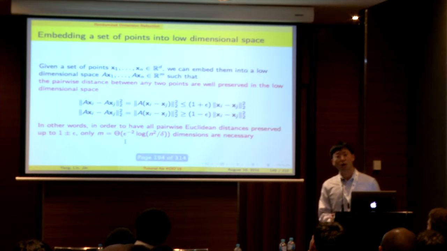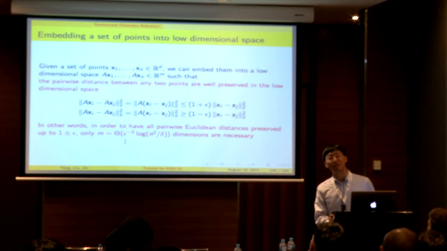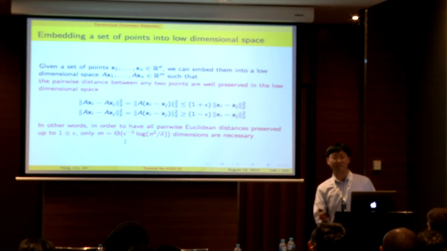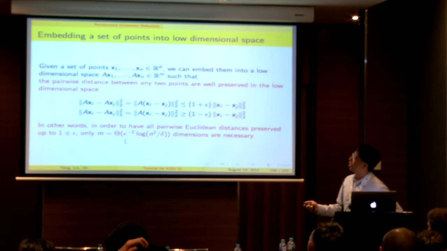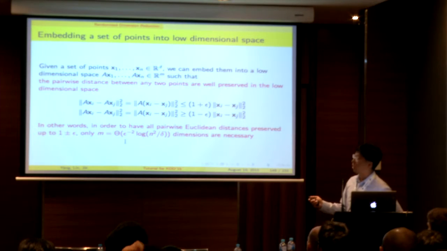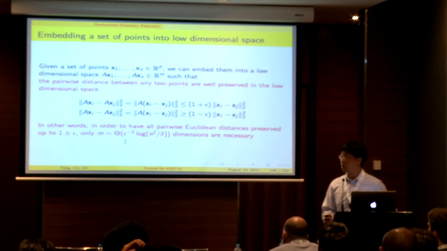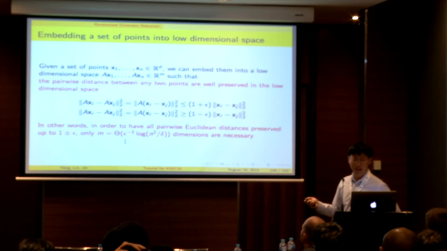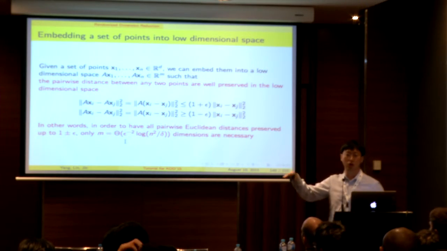In machine learning and data mining, we are usually given a bunch of training data points, right? If we want to reduce the size of the data, we want to reduce the size of all training examples. So let's say we are given a set of n training points, all of which are d-dimensional vectors. Let's say we apply A to these vectors to reduce the high dimension d to a low dimension m.